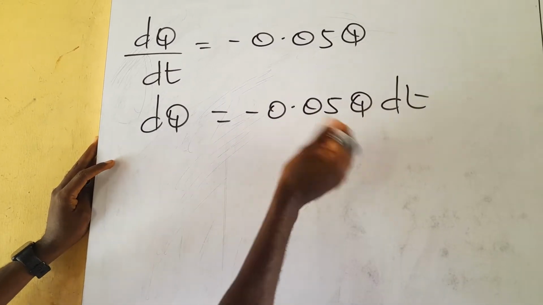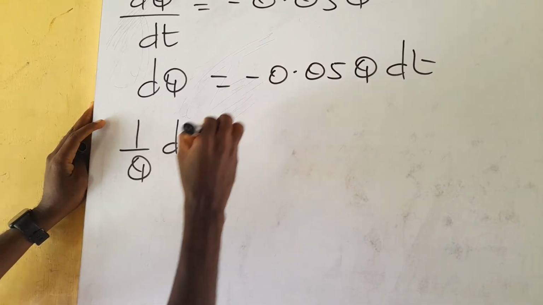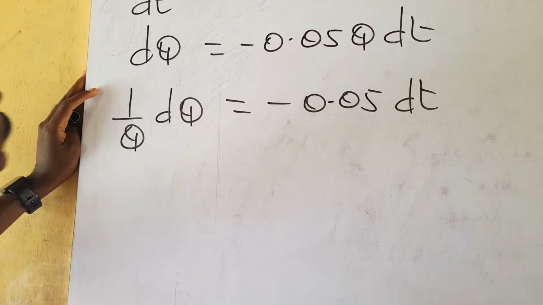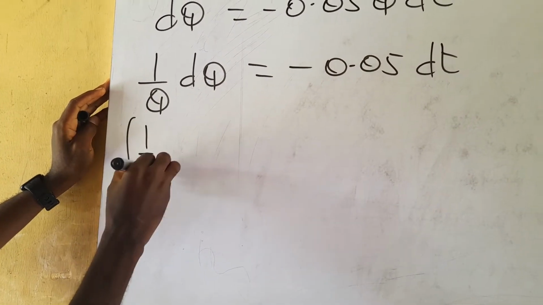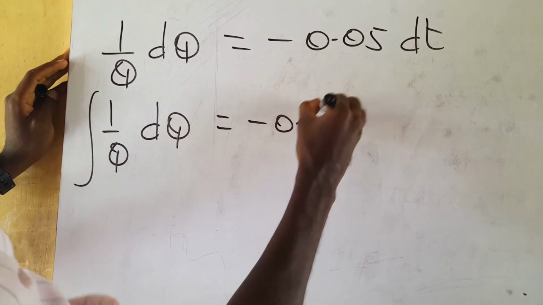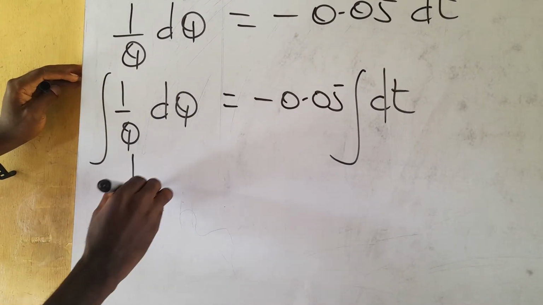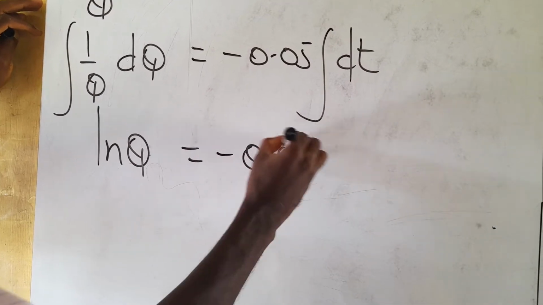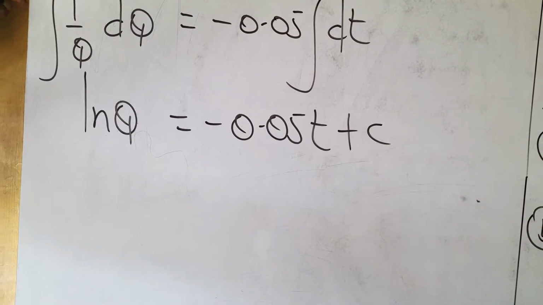So you can divide both sides by Q. So we have 1 over Q dQ will be equal to negative 0.05 dt. How do we solve? We integrate. So the integral of 1 over Q dQ will be equal to negative 0.05 times the integral of dt. When we integrate this, it will be ln Q equal to negative 0.05 t, integrate this, it will be t, plus our constant.